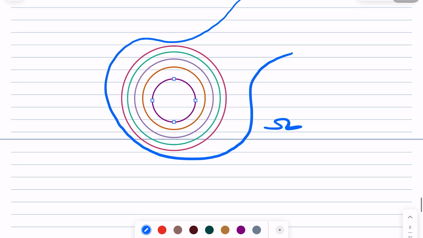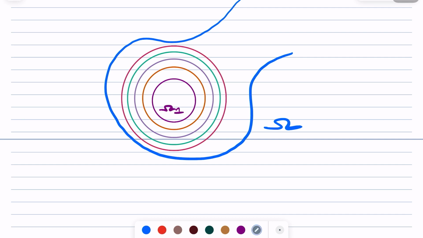So as I said, we approximate the set omega with balls for which the points are slightly far away from the boundary of omega. This would be omega 1, for instance, and so on.